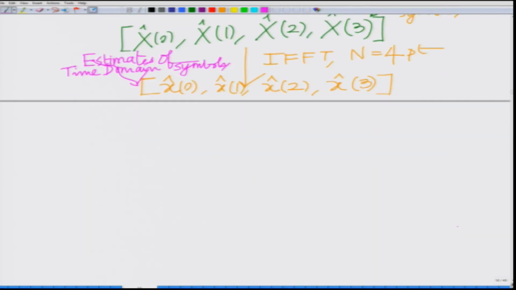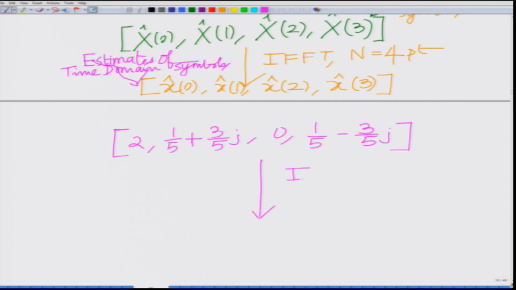So, we have basically your capital X hat 0 is 2, capital X hat 1 is 1 by 5 plus 3 by 5 j, capital X hat 2 is 0, capital X hat 3 is 1 by 5 minus 3 by 5 j, and basically now you take the IFFT of this.